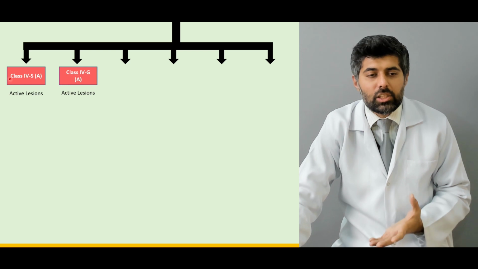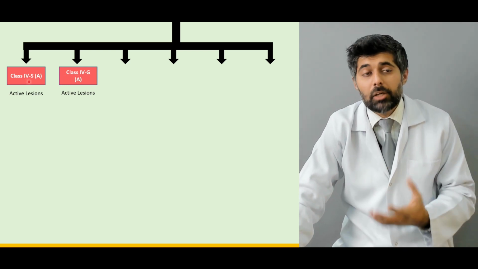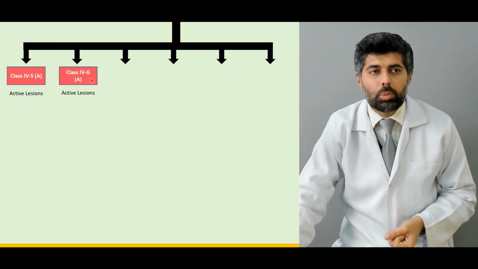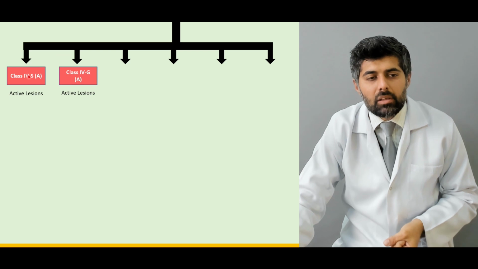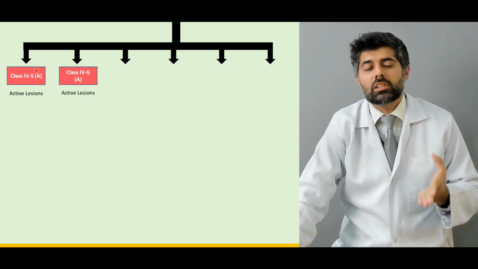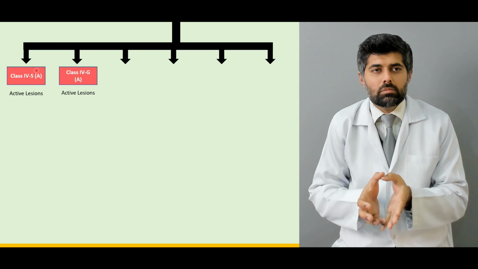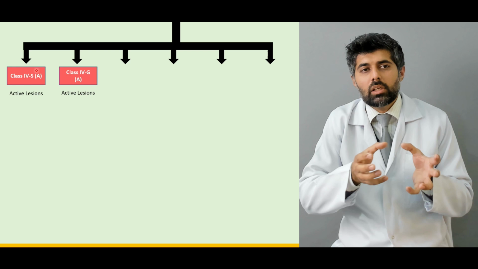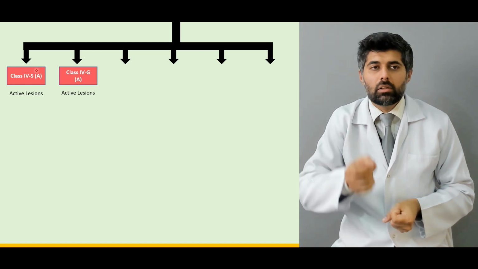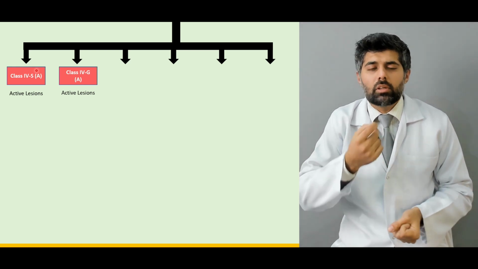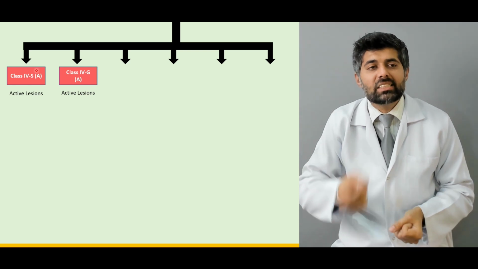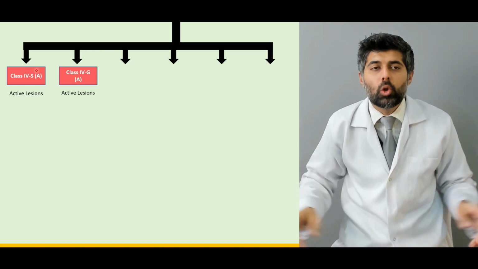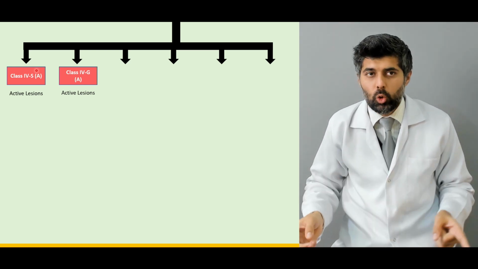So the difference in these two classes, despite being diffuse, is one is segmental, the other is global. Now, segmental is different from focal. Focal is a single point of scar or inflammation or damage. A segment is an enlarged length, but not the whole length. That would be the global.